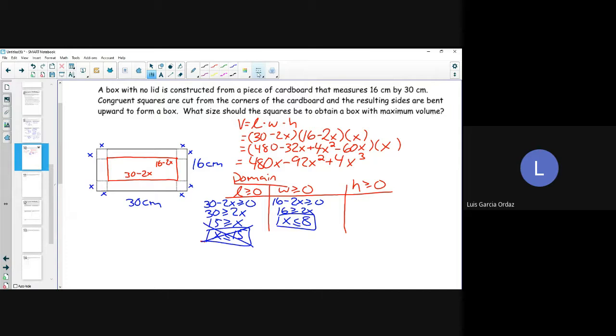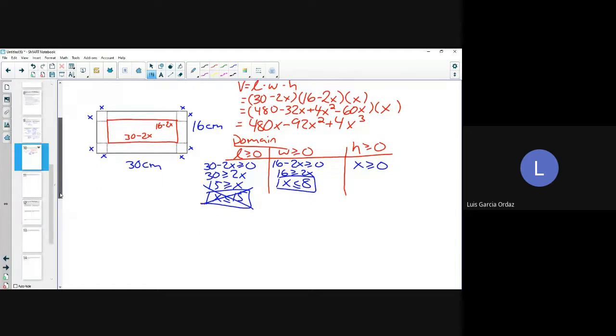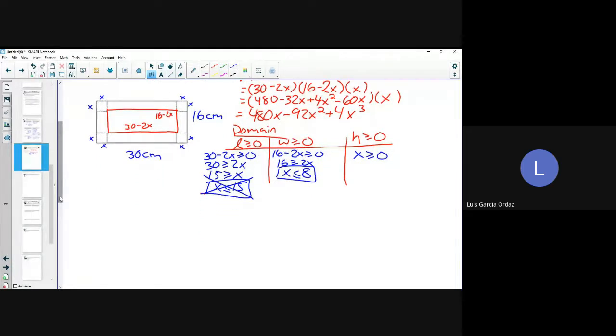And then for h, I just get x is greater than or equal to 0. But Priyanshu does have a point. Our height has to be bigger than 0, because if our height is 0, then we're just left with a 2D shape. So my domain is going to be x is less than or equal to 8, but greater than 0.